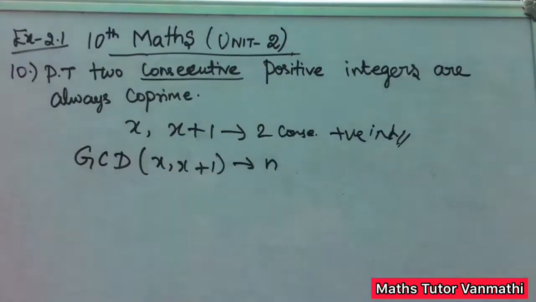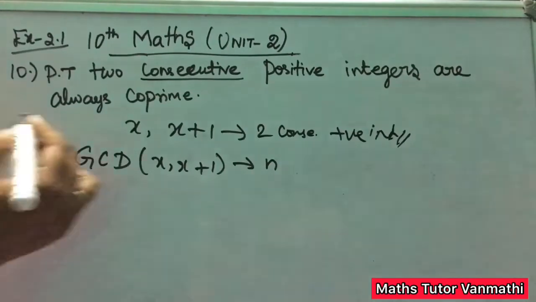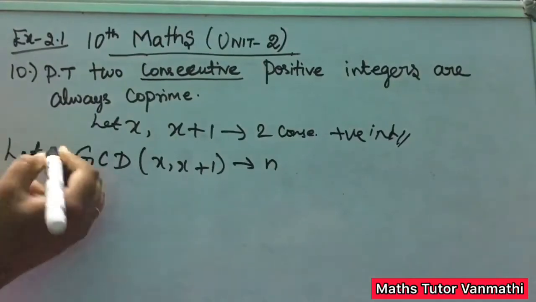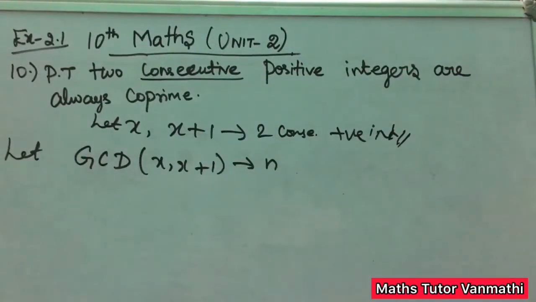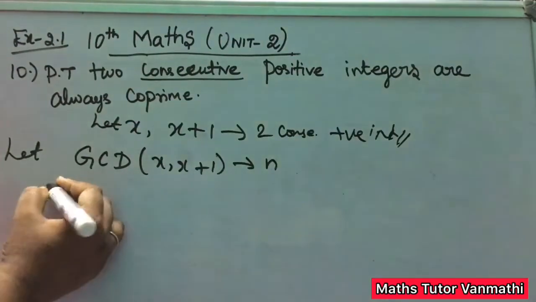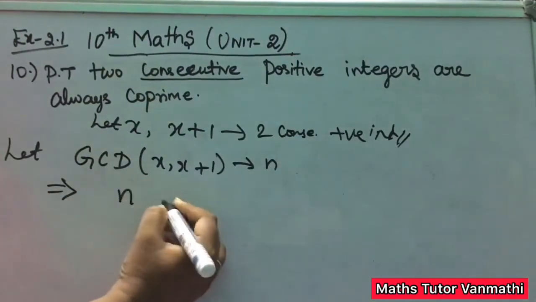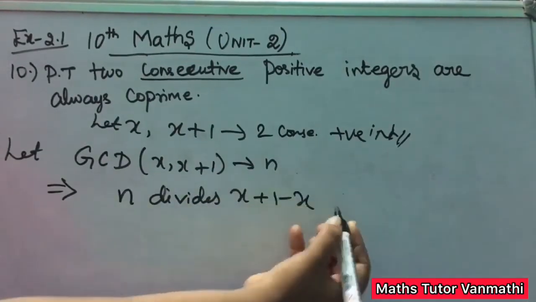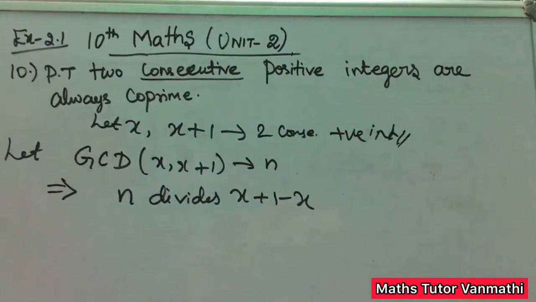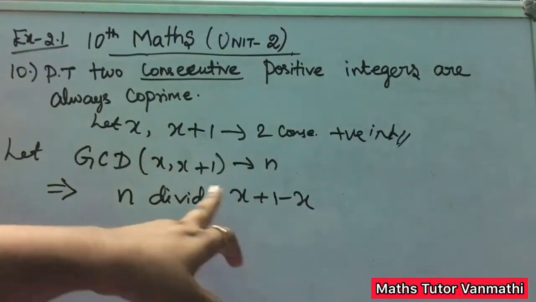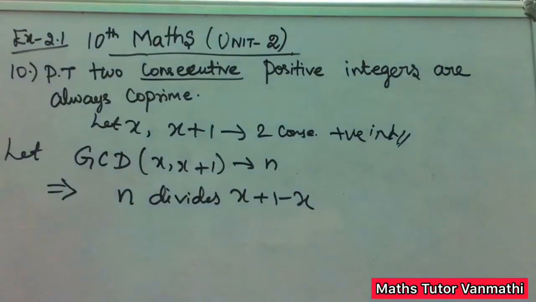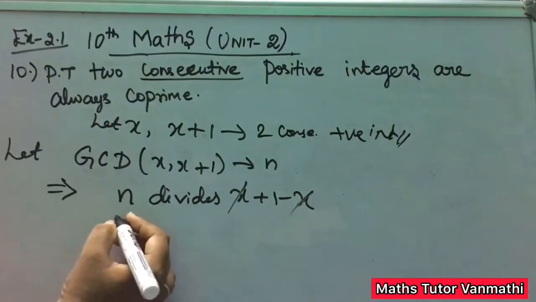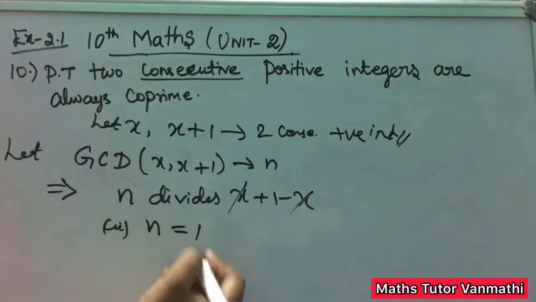Let GCD of x comma x plus 1 be n. Next, n divides x plus 1 minus x. Subtracting, x and x get cancelled and you get n is equal to 1.